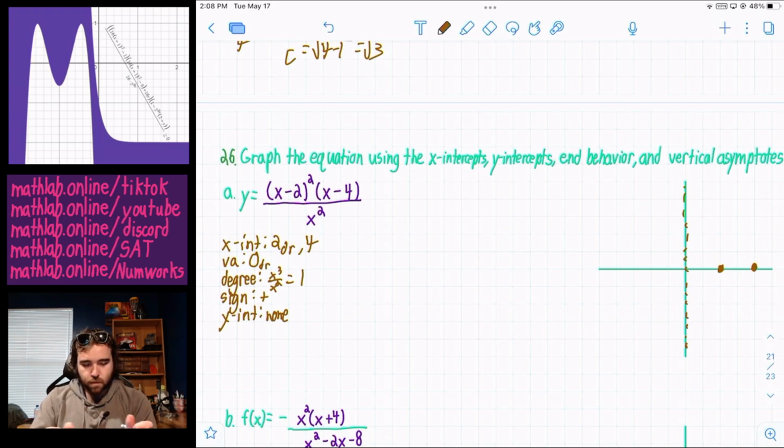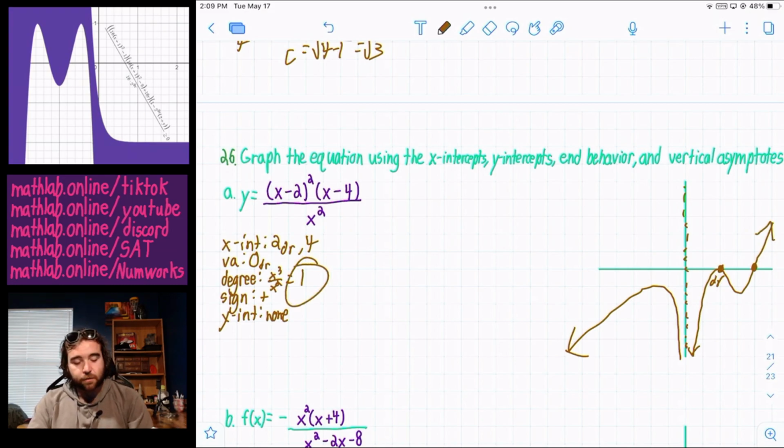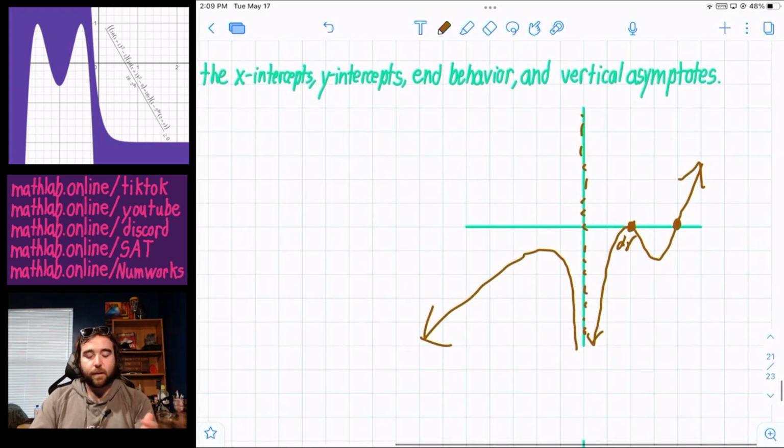Shoot. What's the double root? 2. So we got a cross and we got a bounce and we got to come down. And then this is a double multiplicity asymptote. So it starts low, there's no x-intercept, so it has to go back down. And we make sure that makes sense. It's an odd degree, so we expect it to go opposite directions. So that's perfect.